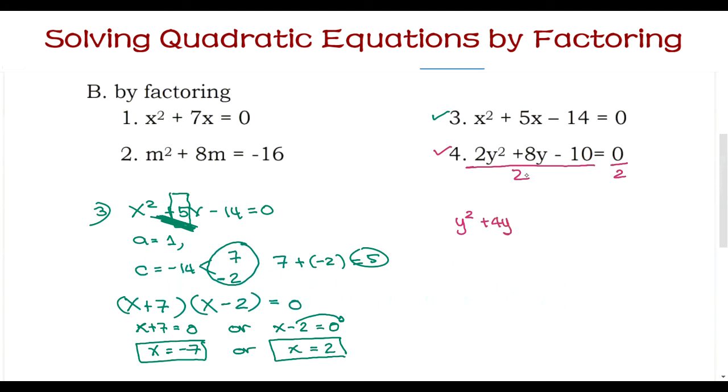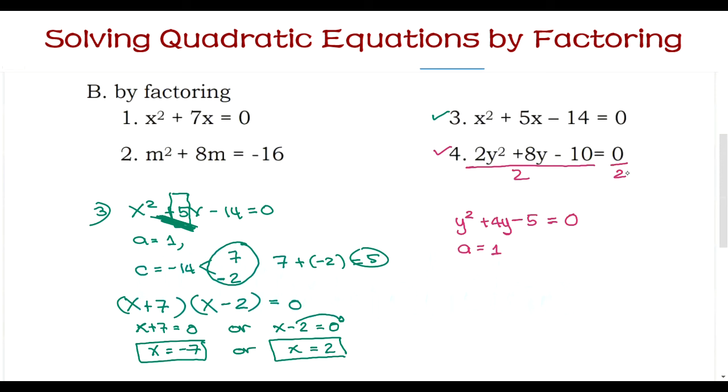Okay, and then lastly, negative 10 divided by 2, you will get negative 5. Okay? Equal to, what is 0 divided by 2? It is 0. You see? So, mas sumimple ang ating quadratic equation. At mas madali yung i-factor. Why? Because our leading coefficient or the value of A is 1.